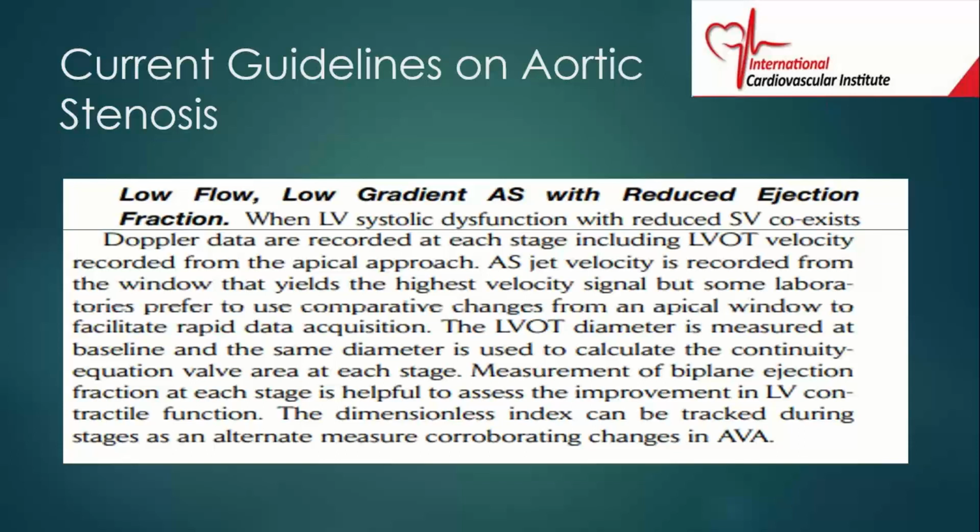You don't have to repeat the LVOT diameter at each stage. That's usually a fixed number. But what you have to do at each stage is look at the LVOT velocity, and look at the aortic valve velocity and the mean gradient. Okay.